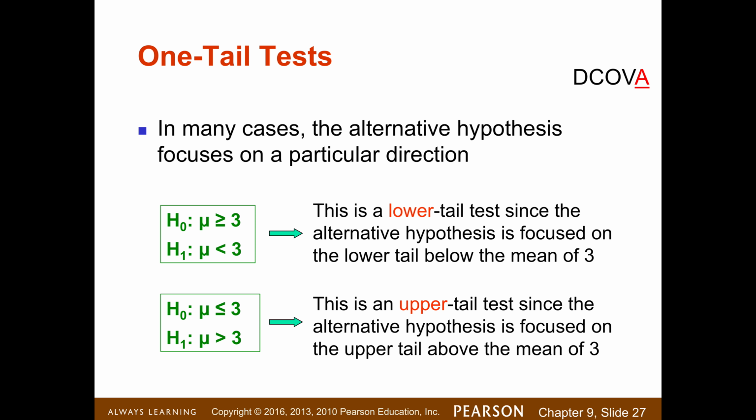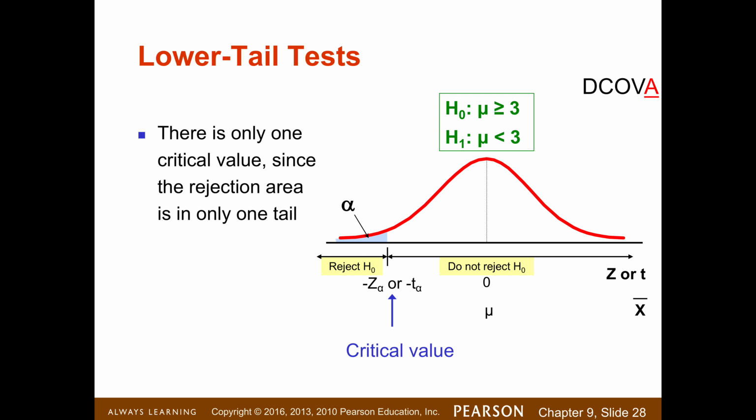So again, make sure you get those in your notes. So it wants to illustrate a lower tail test. An example of something that may happen in a lower tail test is, let's say you have a company, and you do something that's going to reduce some sort of expenses.